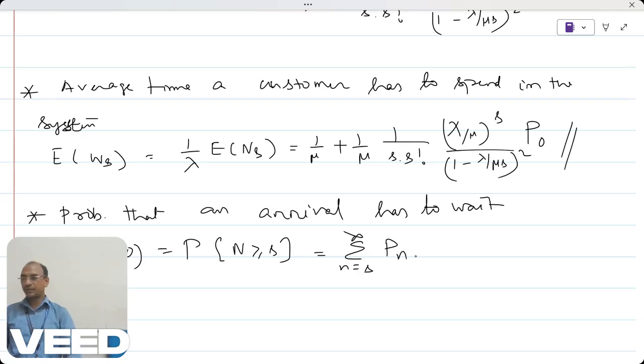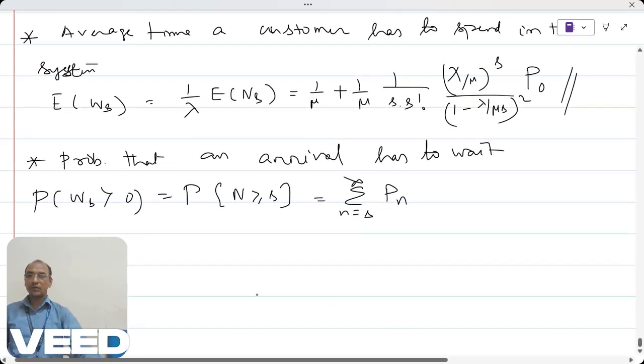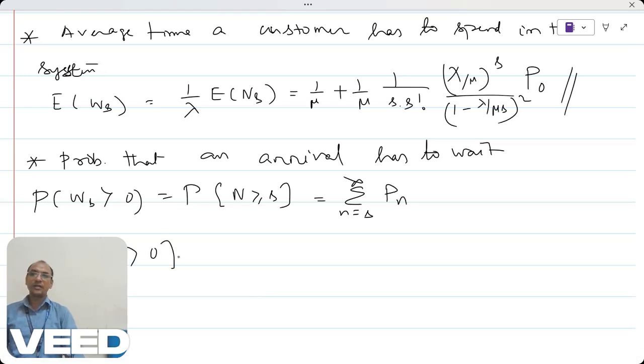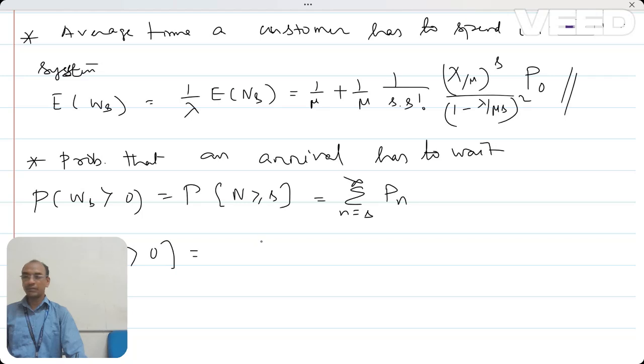So if you put the value of that and simplify, we will get probability Ws greater than 0, the probability the arrival has to wait, will be nothing but lambda by mu to the power s divided by s factorial into 1 minus lambda by mu s into p0.